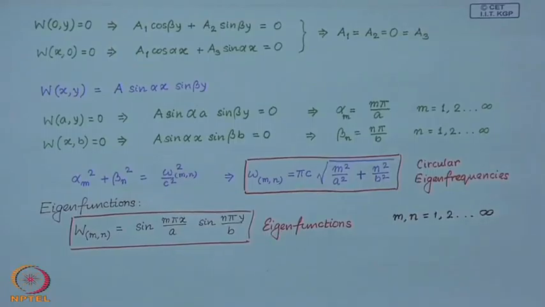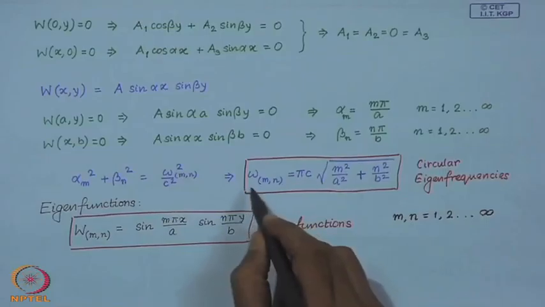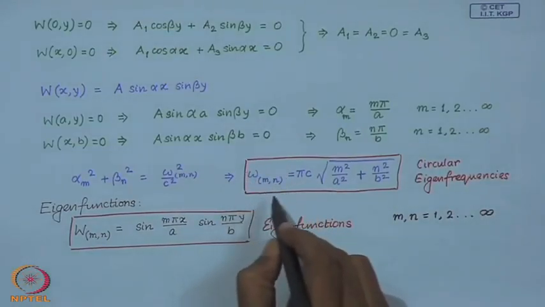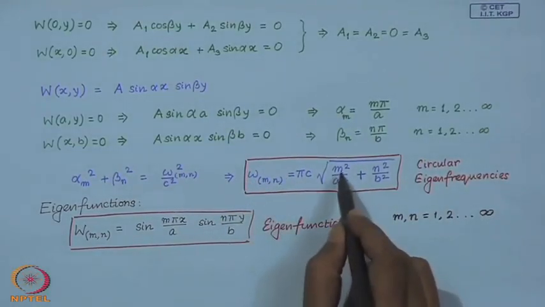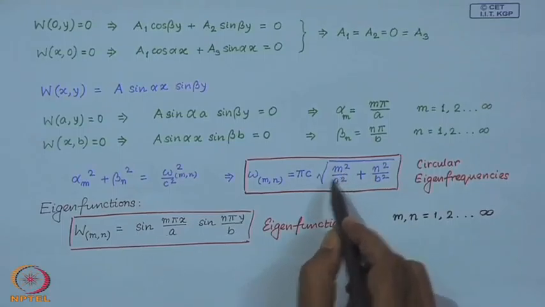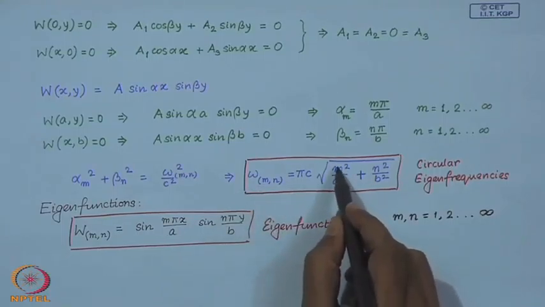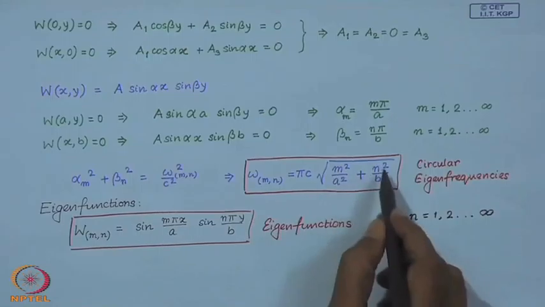Now, here you can notice that the fundamental circular eigenfrequency is obtained when m and n are 1.